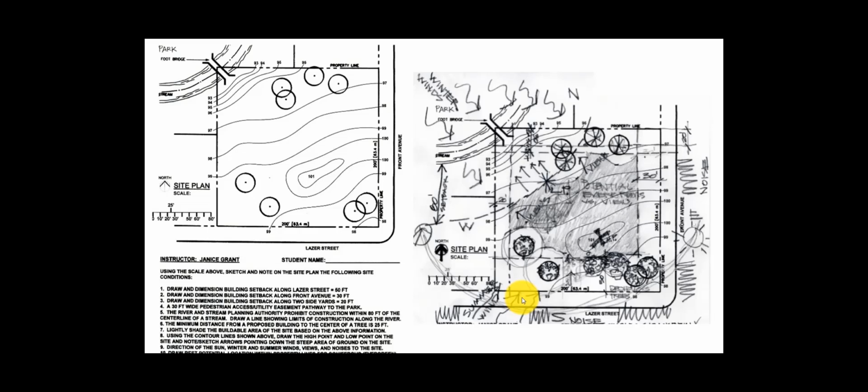It helps to know where these things are because we might want to put some evergreens to block the winter winds or use deciduous trees that have less leaves in the front here to pull in the summer winds, and other things that help us understand the site itself.